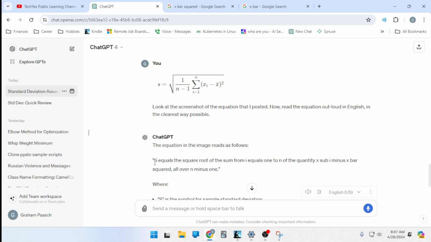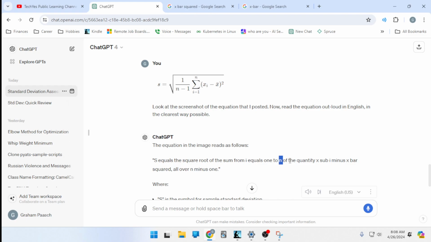So S equals the square root, which we see here, of the sum. So that's what this symbol means here. From i equals 1 to n. Of the quantity.